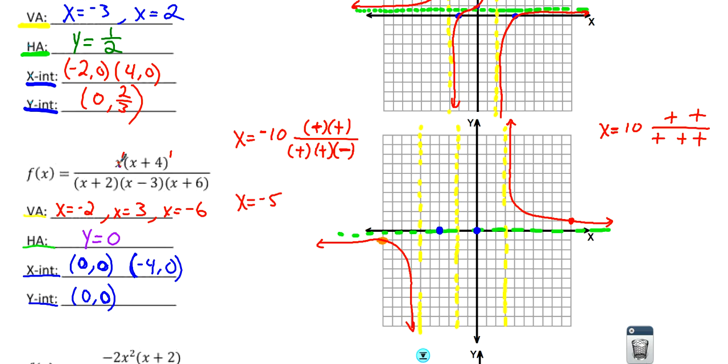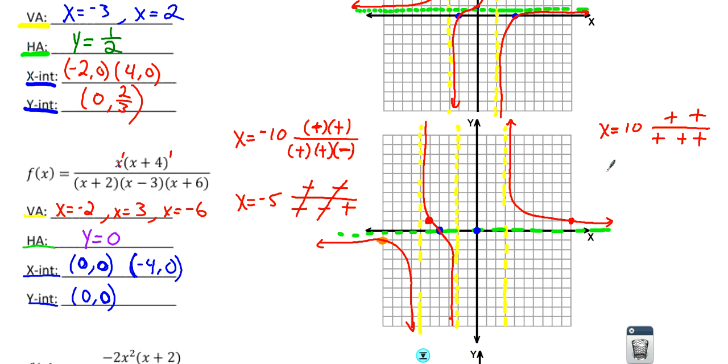When I plug in -5, I get negative, negative on top, negative, negative, positive on bottom. Those are positive, positive. So at -5, I'm on the positive side, up there. Since my points have to connect and that has to cross, this middle piece is going to look like that.